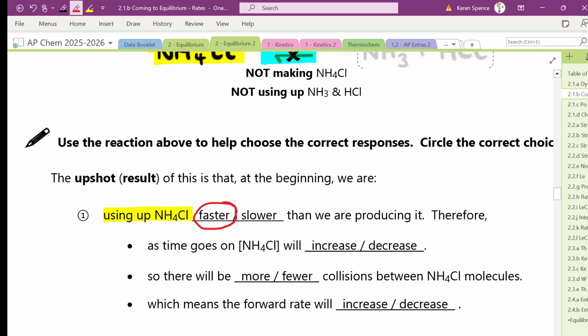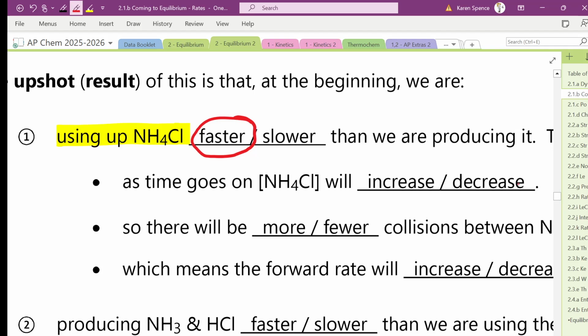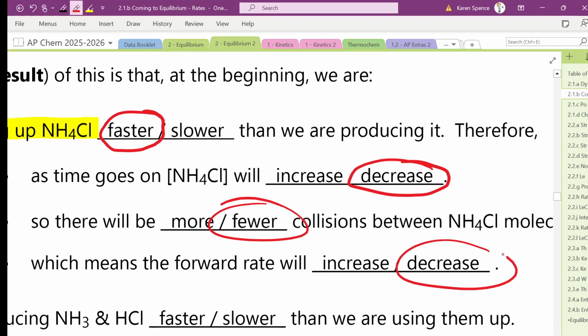So what will happen to the concentration of NH4Cl as time goes on? It will decrease. And if the concentration decreases, what happens to the number of collisions between NH4Cl particles? There will be fewer collisions, which means the forward rate will decrease, which is what you guys said would happen. You said it starts fast and then it gets slow.